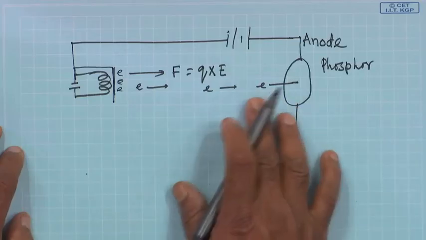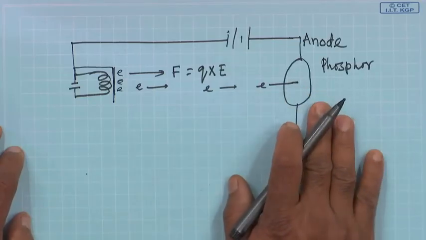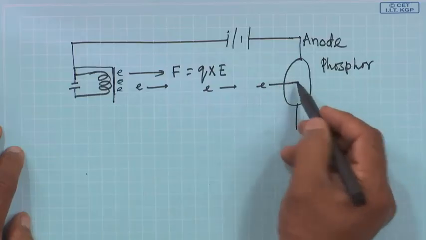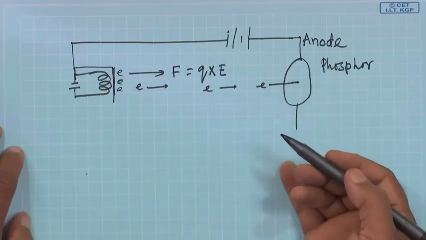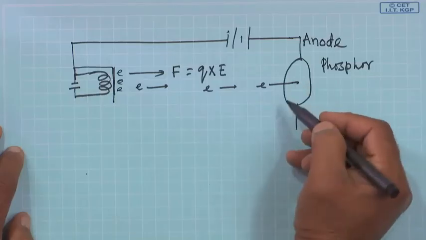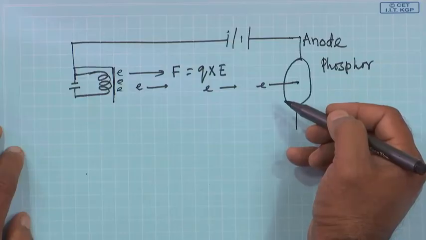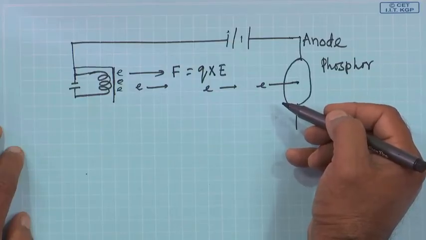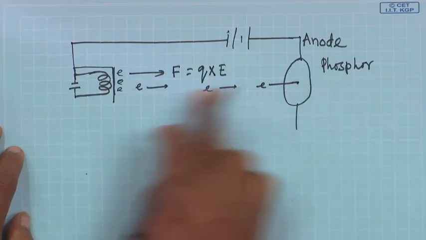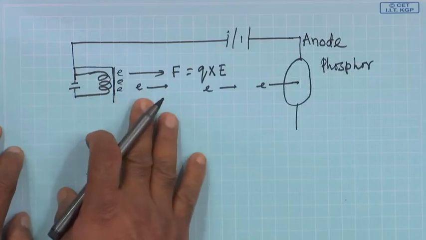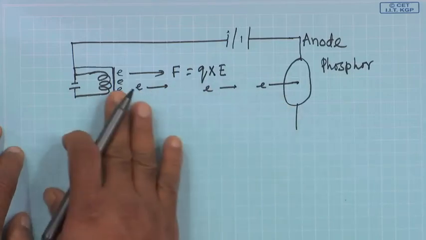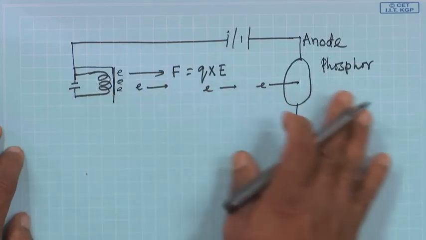So, when an electron hits this screen, wherever it hits, it will be illuminated and we will see light there. Basically, whatever light we see on the screen is nothing but the position of the electron. These electrons from the cathode are accelerated and hit the screen.